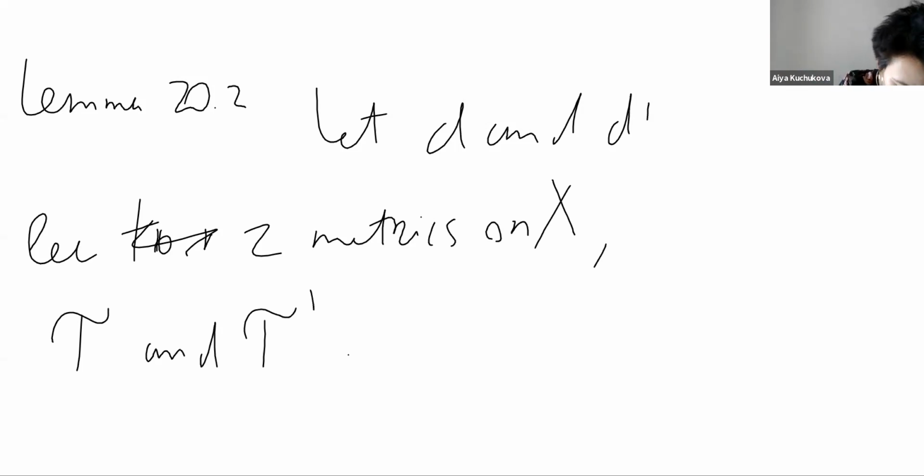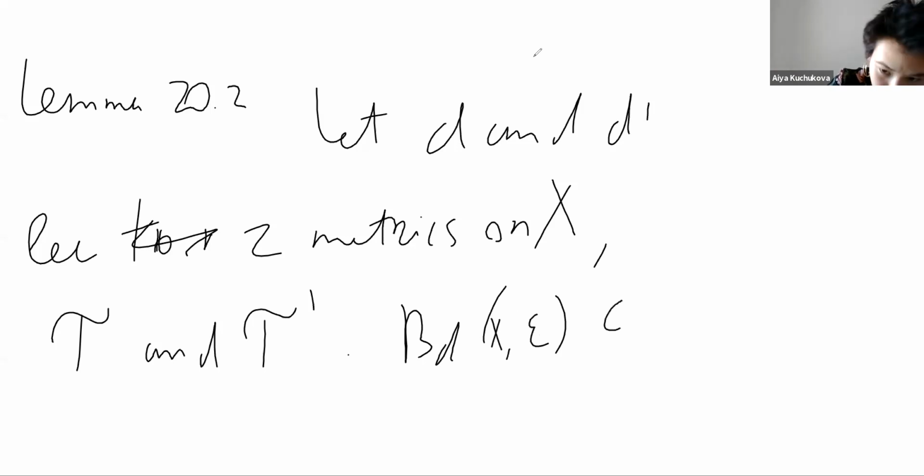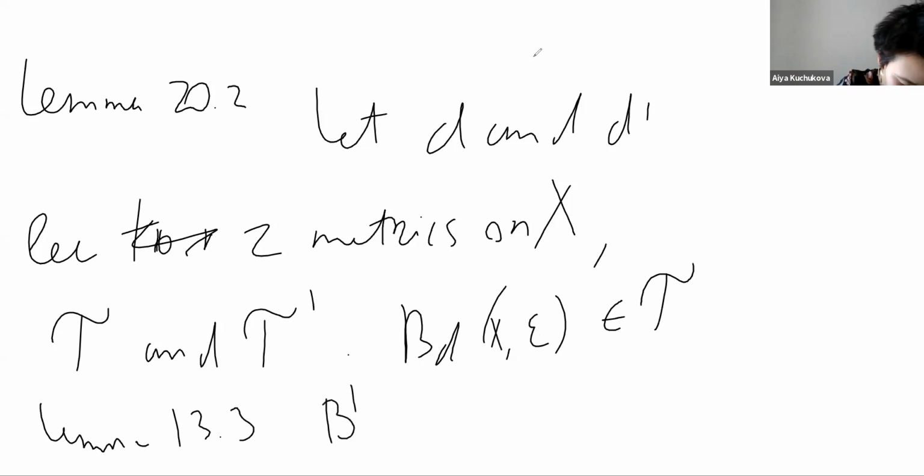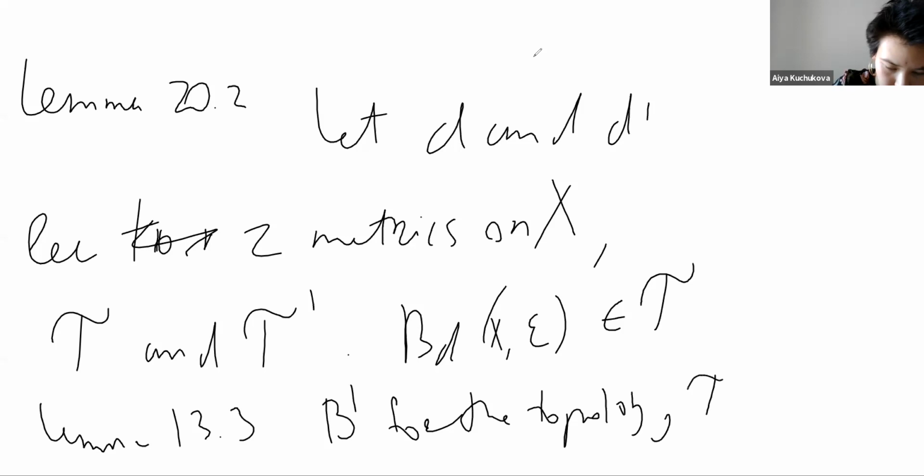Given the basis element B_d(x, epsilon) for the topology, there should be, by Lemma 13.3, a basis element B' for the topology apostrophe.